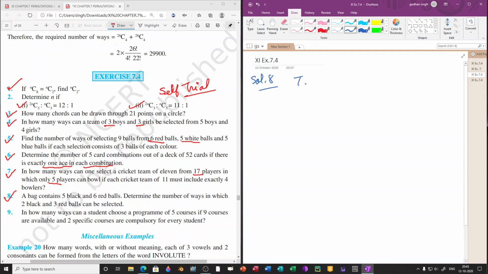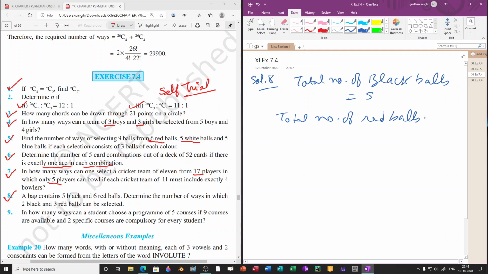So the total number of black balls is equal to 5, and the total number of red balls is equal to 6.